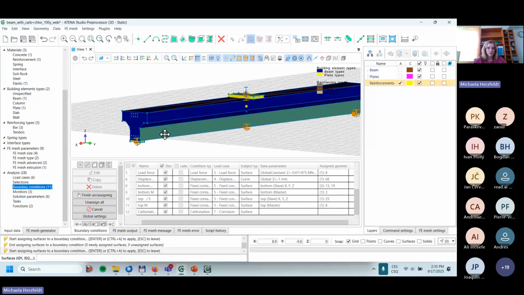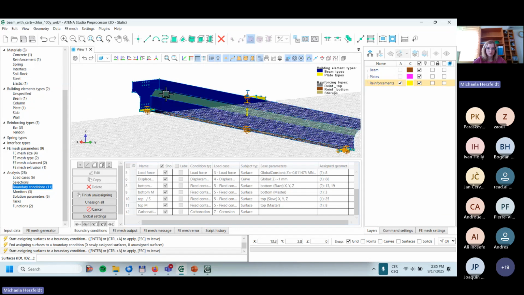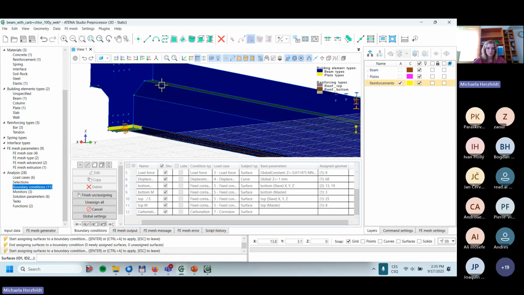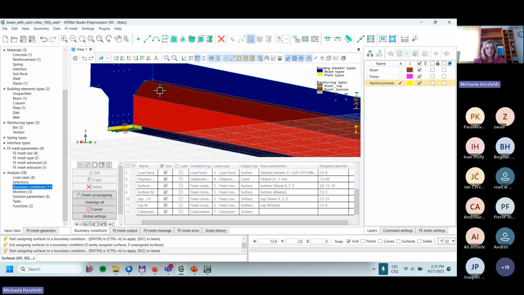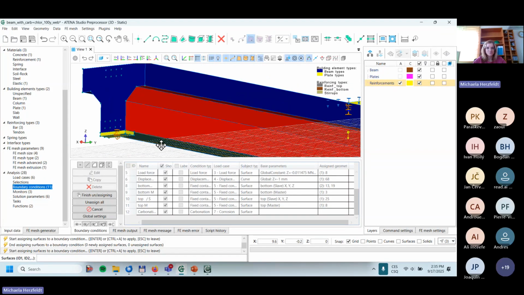So we basically apply it everywhere from the bottom, that we can assume will be exposed to atmosphere. As I'm clicking here and they're getting red, they're selected, and you can also see in here with this arrow how many entities you have selected already.